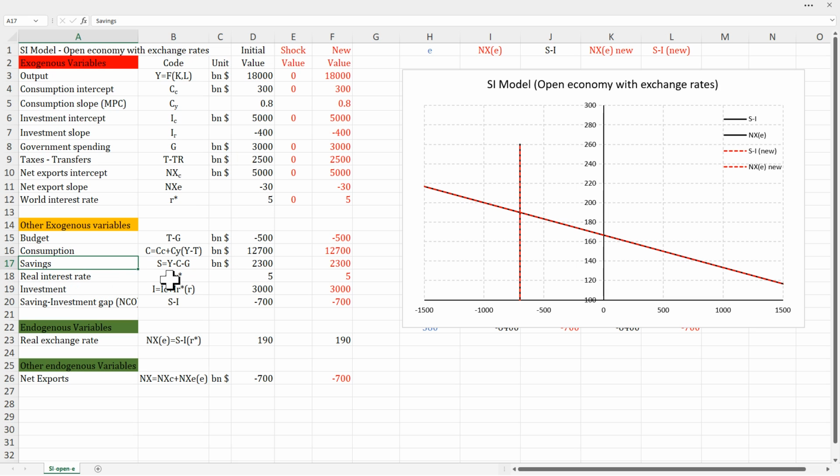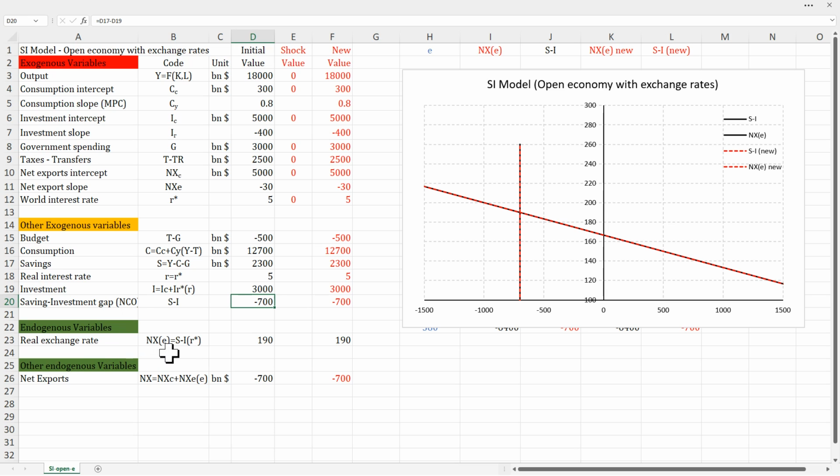The real interest rate is equal to the world real interest rate, which is 5. And then investment is 5,000 minus 400 times 5. So that's 3,000. And then 2,300 minus 3,000 gives us minus 700, which is the saving investment gap, or net capital outflow.